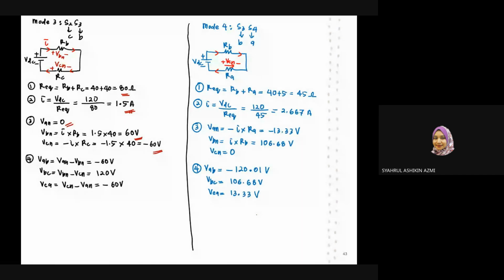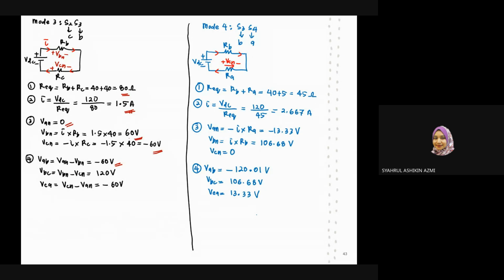Okay. And the line to line voltage, VAB, is VAN minus VBN. So the one in step number 3, VAN 0 minus VBN 60. So 0 minus 60, you get negative 60 volt. VBC is VBN minus VCN.